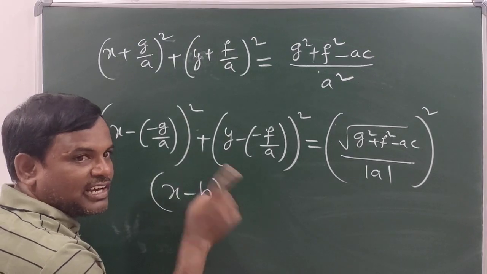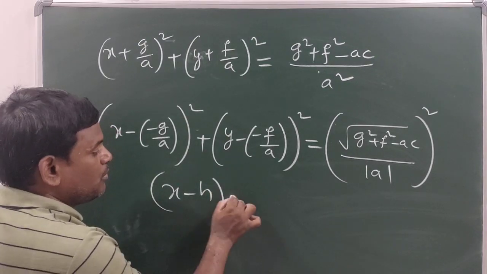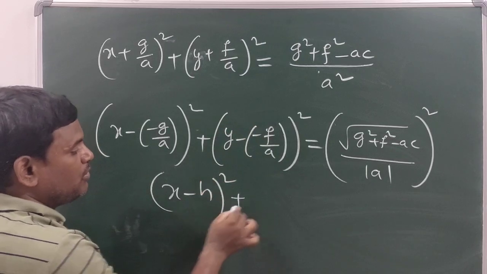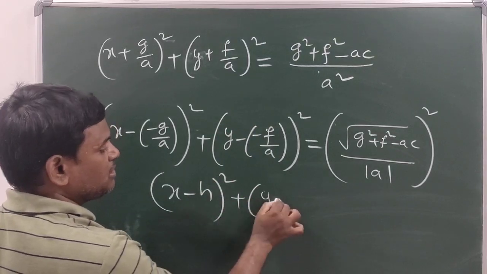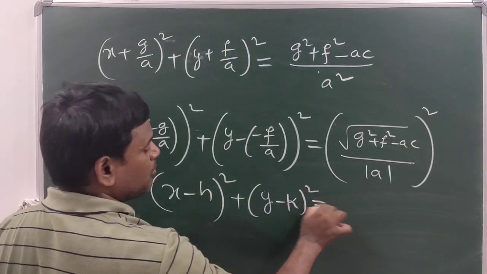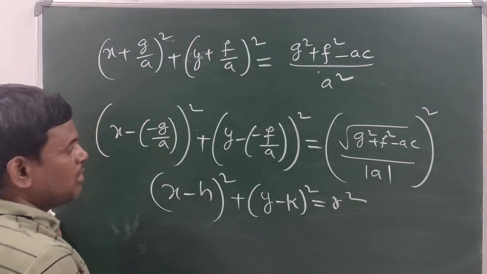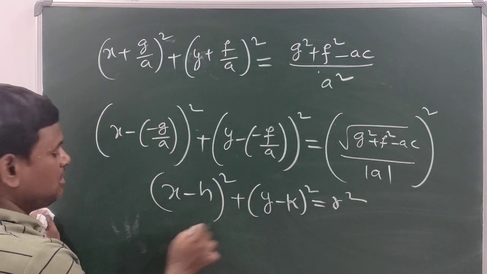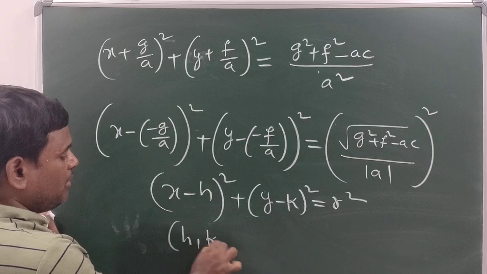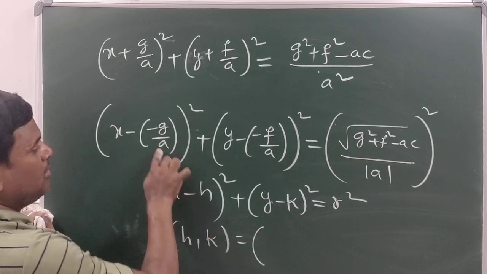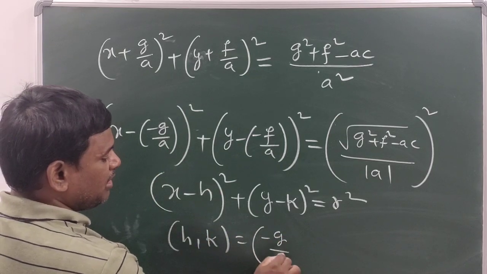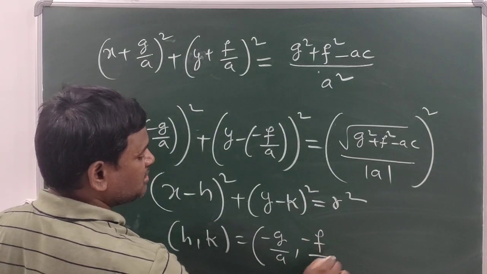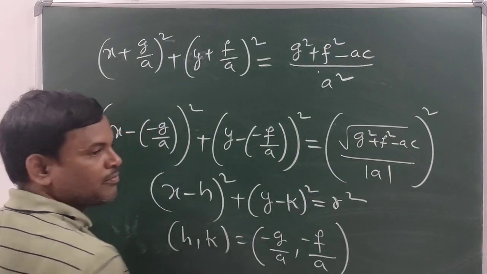So when the center and radius is given, before this we wrote the circle equation, x minus h whole square plus y minus k whole square equal to r square. Now compare this equation with this, so what do we get for h comma k? Minus g by a comma minus f by a.